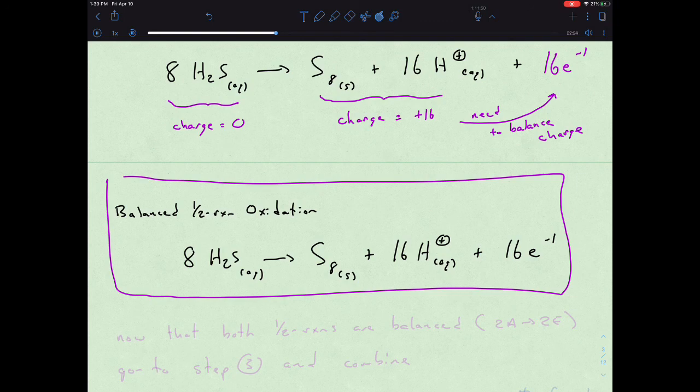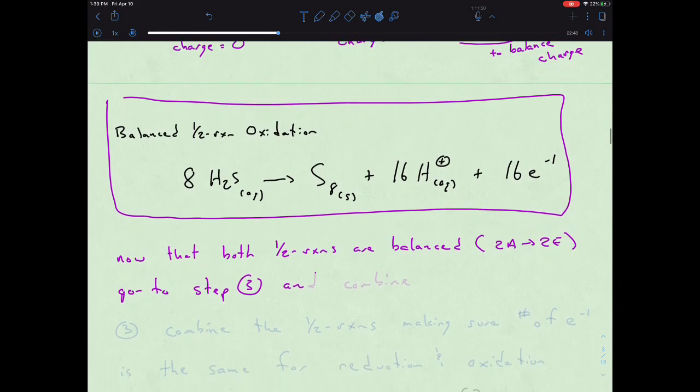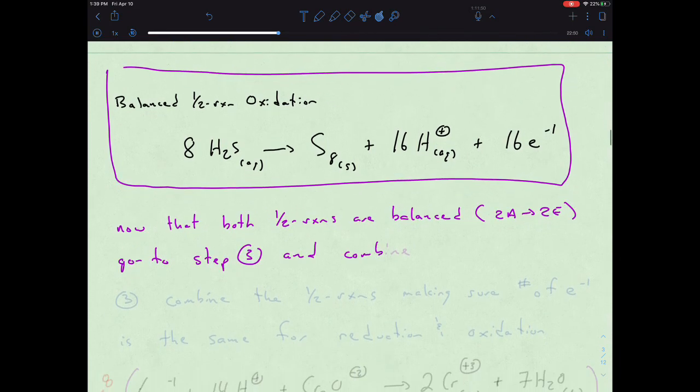So basically, now that both half reactions are balanced, we can now go to step 3 and combine.